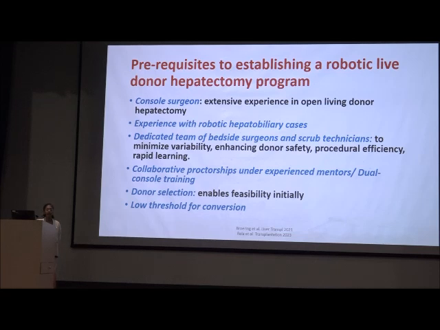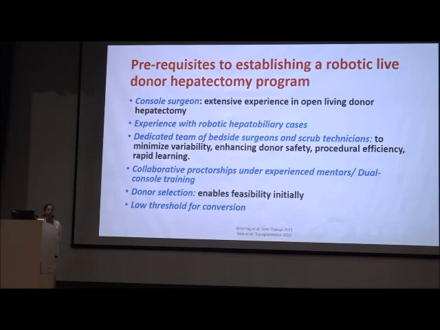The second thing you need is a dedicated team, not just of your surgeons, but also of your anesthetists, the scrub nurses, the technicians, everybody. This is to minimize variability so that you can enhance donor safety, improve efficiency, and rapidly reduce the learning curve. Then you need collaborative proctorships and mentorships, along with dual console training. This increases donor safety and again shortens the learning curve.